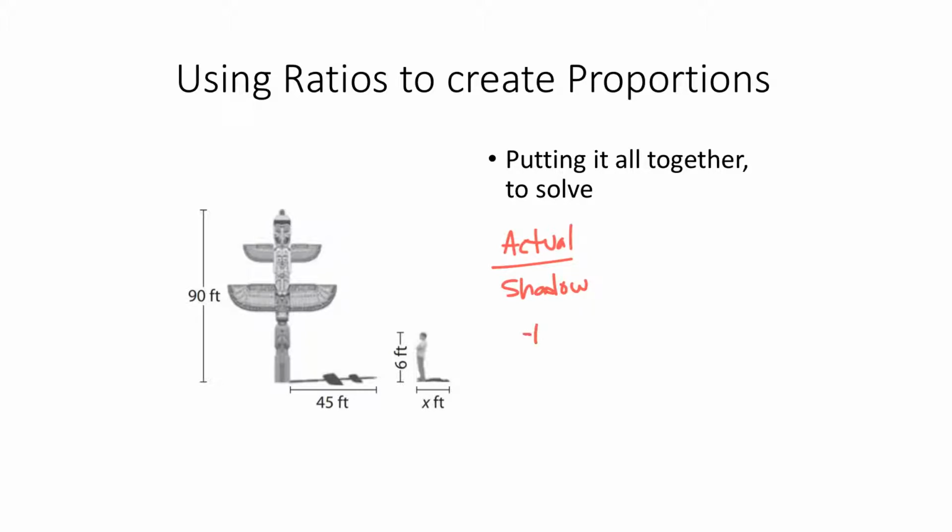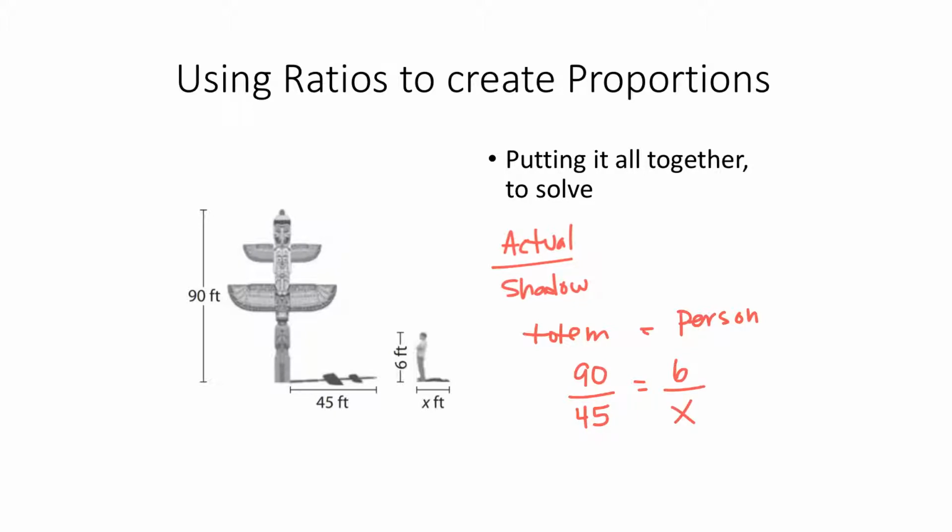And so we can start to compare these two things to each other. So the totem is going to equal the person. That ratio of the actual height versus the shadow is going to be the same for both of these things. The way that you set this up is you have a ratio on one side and a ratio on the other. So we have 90 divided by 45, that's the actual to the shadow, equals the actual to the shadow, and in this case is x.